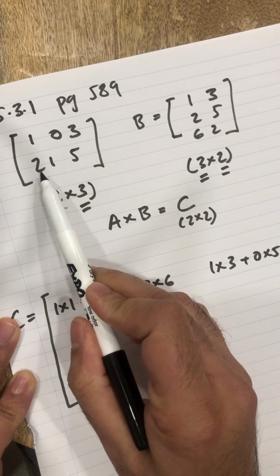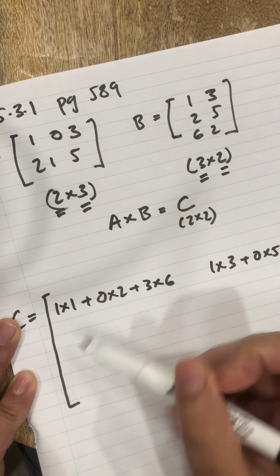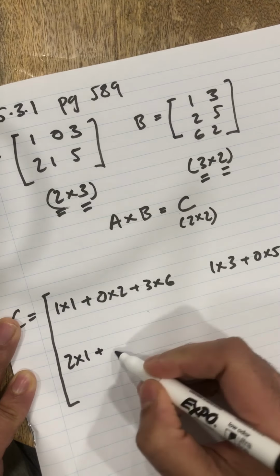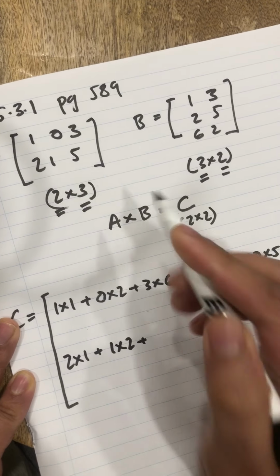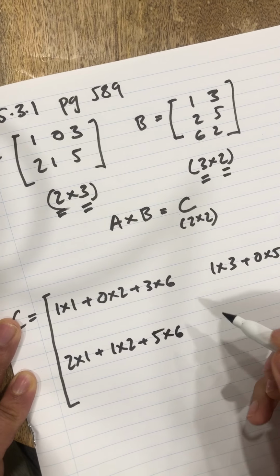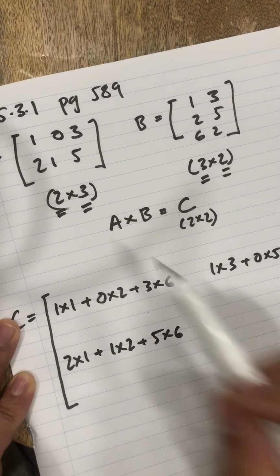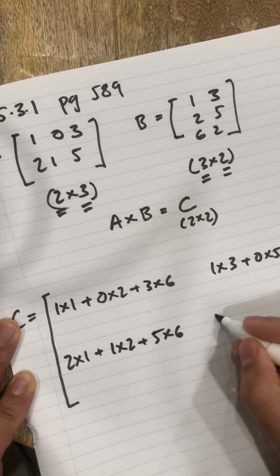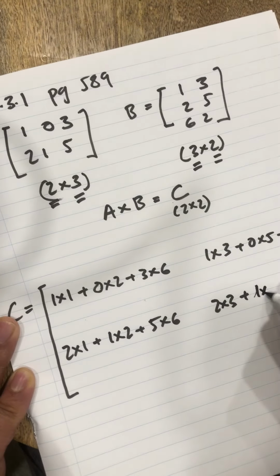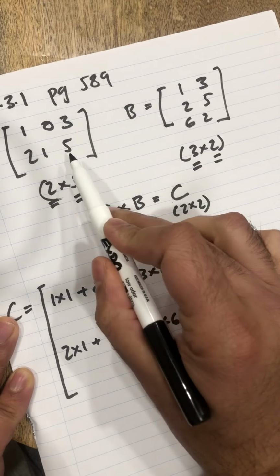Okay, then you move to this row here, 2 into 1 plus 1 into 2 plus 5 into 6. And finally, the last entry is 2 into 3 plus 1 into 5 plus 5 into 2.